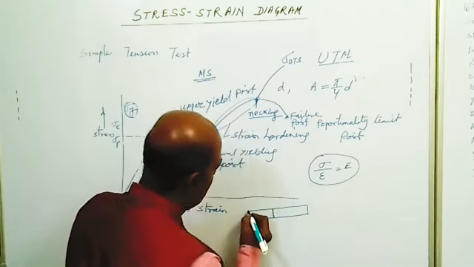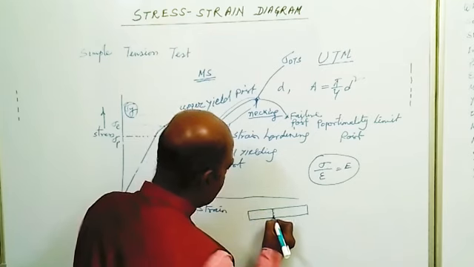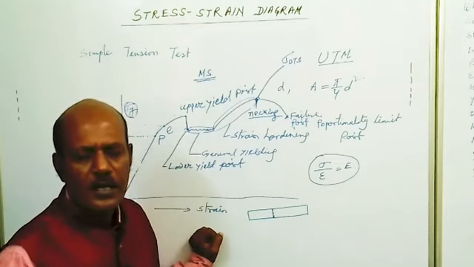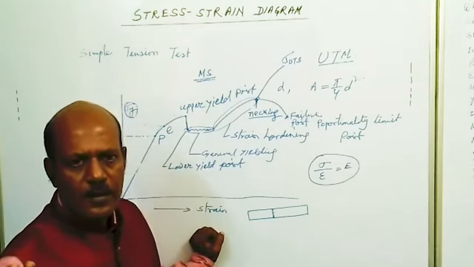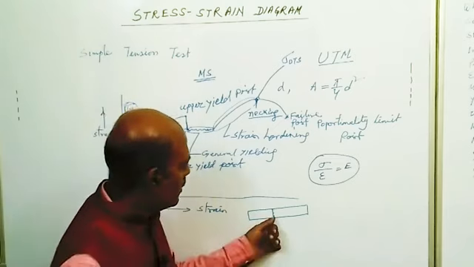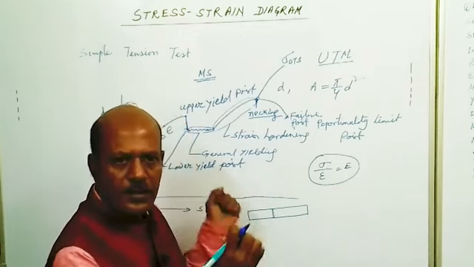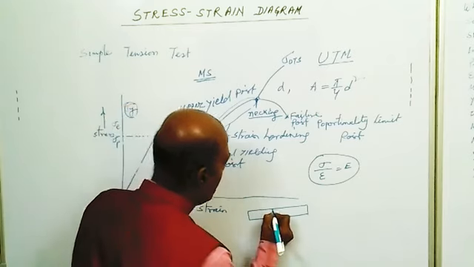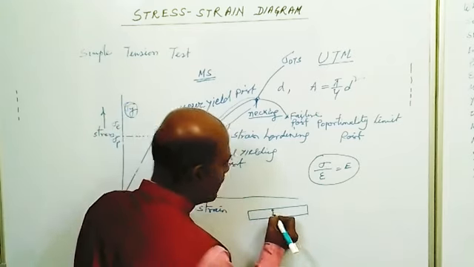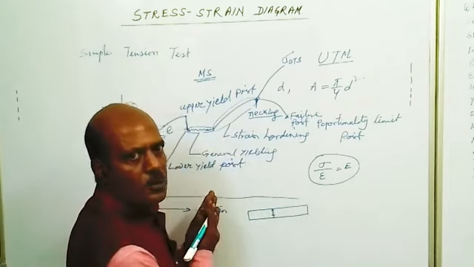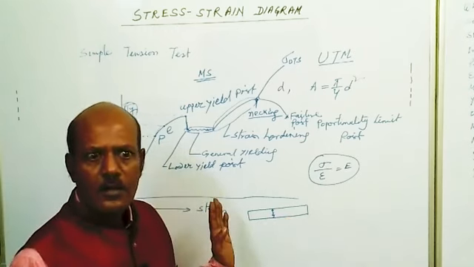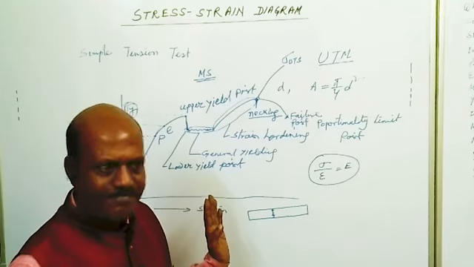Once the area is slightly less, what will happen? The stress developed in this section will be more, thereby this portion will elongate more, and thereby again it will decrease in size, and only this portion will carry on increasing and the other area will not deform at all.